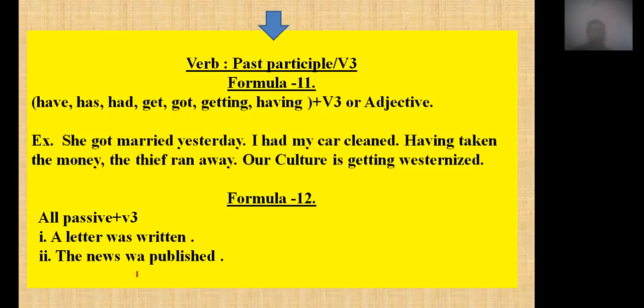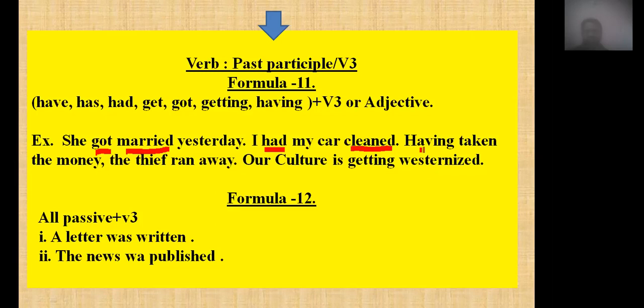Okay, she got married, not marry. She got married yesterday, right? After got, the verb will be V3. Here got is available, that's why married will be the correct form. I had my car cleaned. Here had is available, that's why clean will be cleaned.